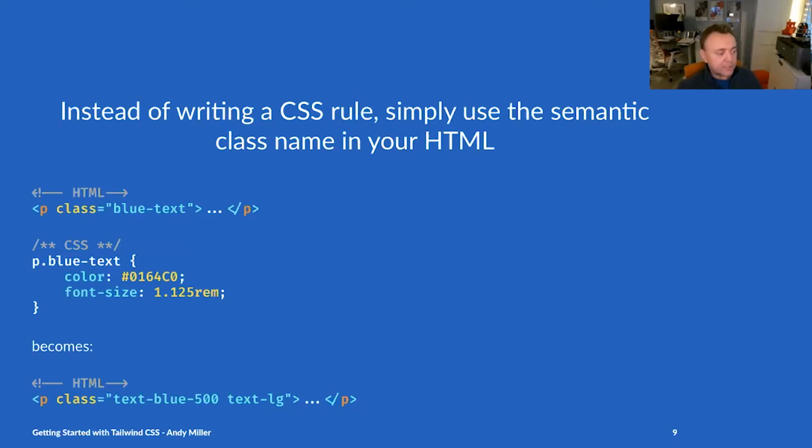But in Tailwind CSS, this just becomes a P tag in your HTML with a class of text-blue-500 to give it a blue color. And the 500 is like a scale from 0 to 1,000. So 500 is right in the middle of this blue scale. So it's kind of like a bright blue. And then text large. And that's all you have to do. Everything else is just handled for you.